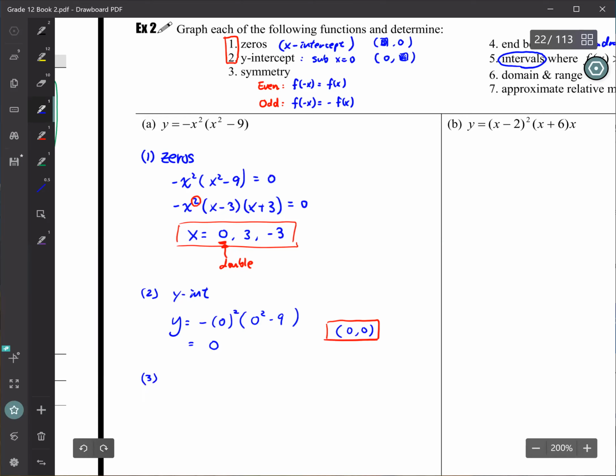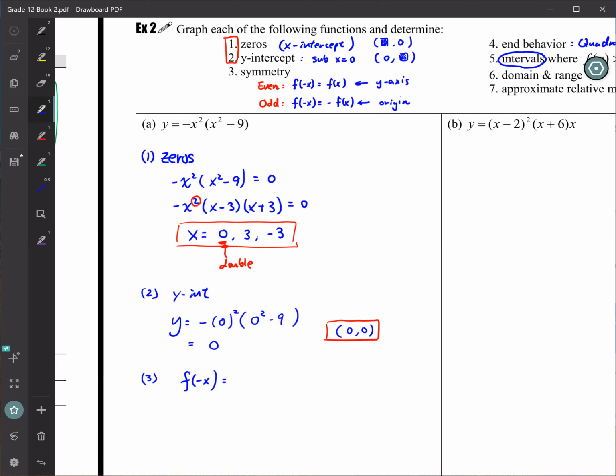Okay, number 3 is symmetry. So we need to see if we have an even or odd function. Is there symmetry over the y-axis? This one is the y-axis, and this one is around the origin. So we'll start with either one. We need to start with f of negative x.